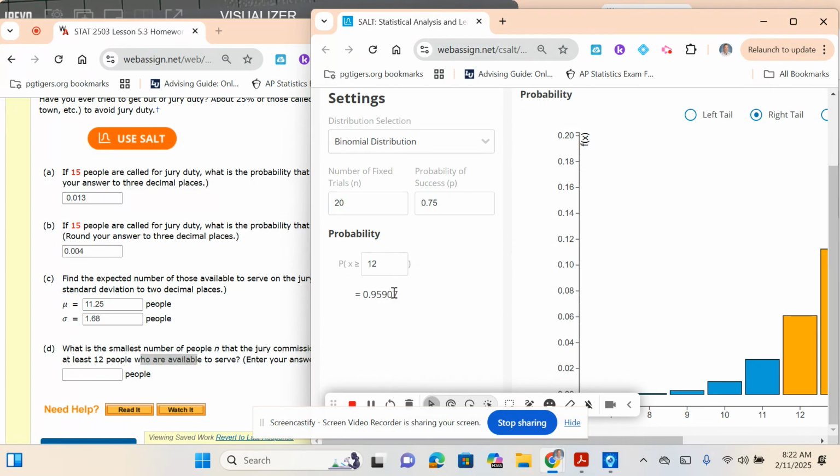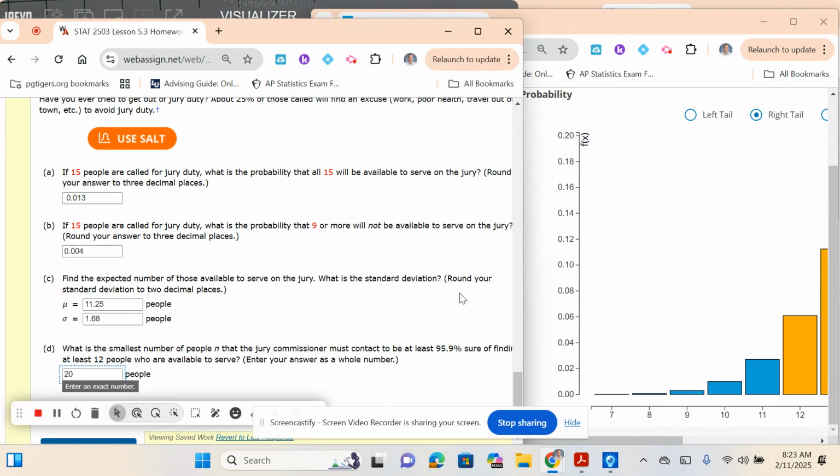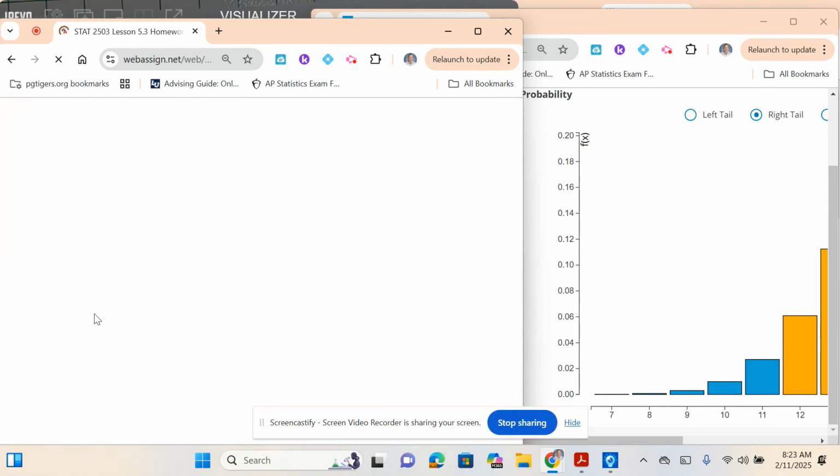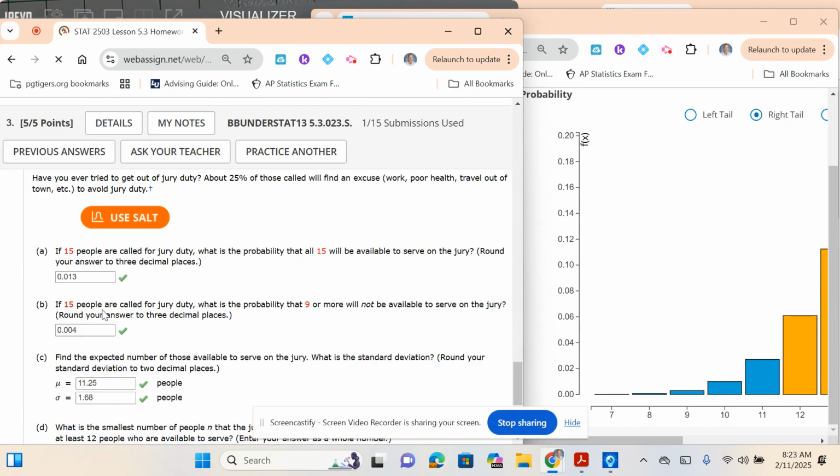Oh my goodness, I'm barely above 0.959, 0.95907. So I click up until I cross 0.959, and I do that at 20. So I would need 20 people. That's a simple way on SALT to do that. We did that in our notes by using binomial CDF and working with the complement, and that's just a lot easier using SALT for that.